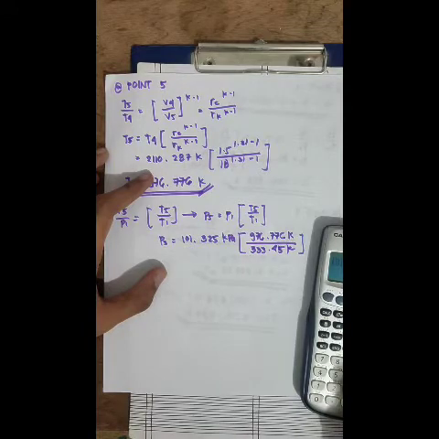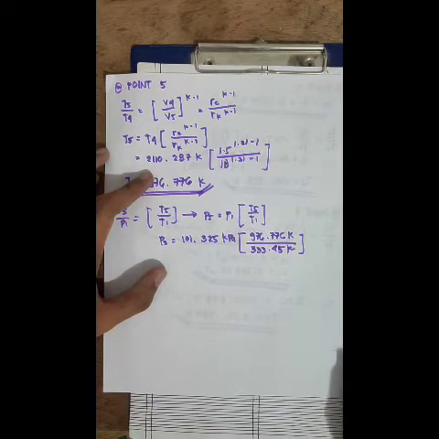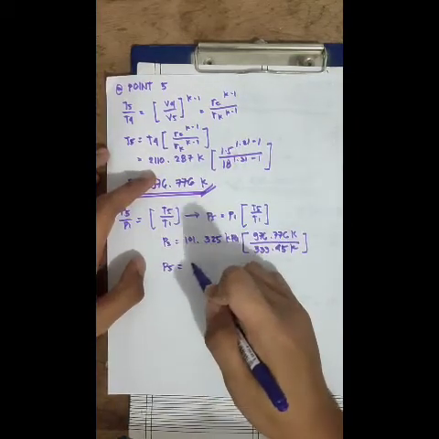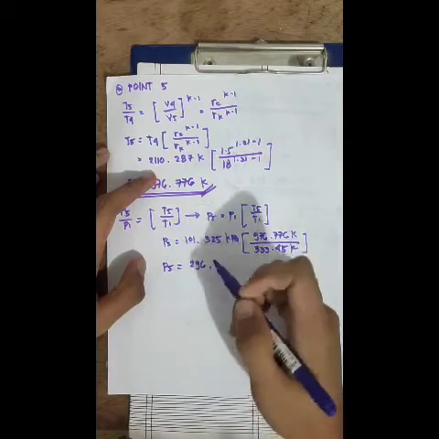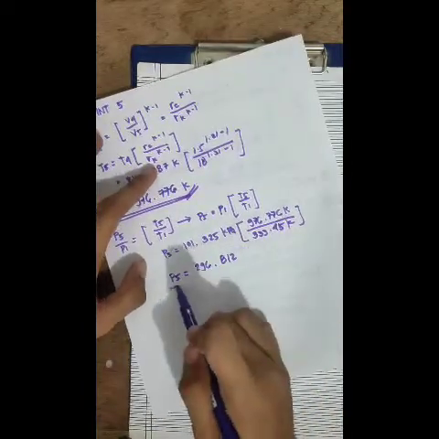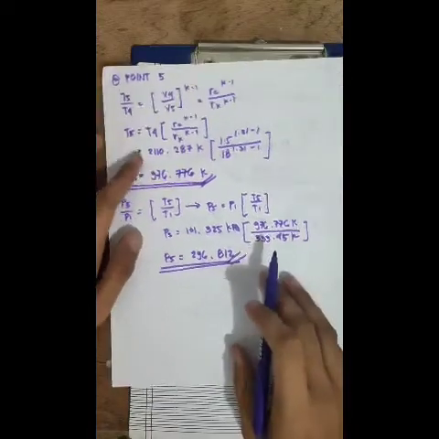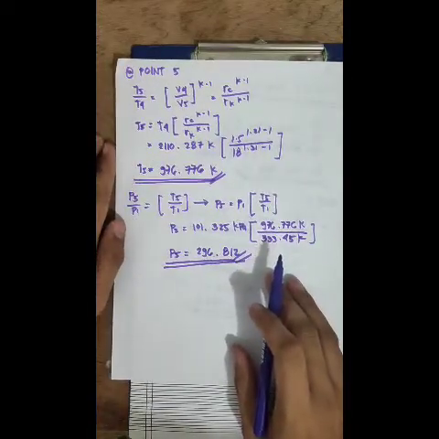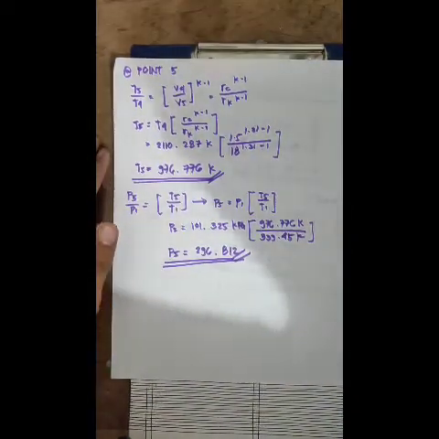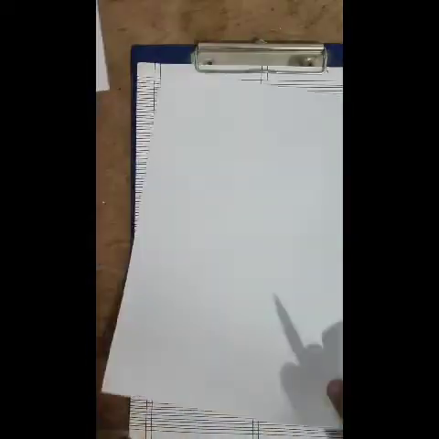So the answer that we got is 296.812. So that is the pressure 5, which is 296.812.